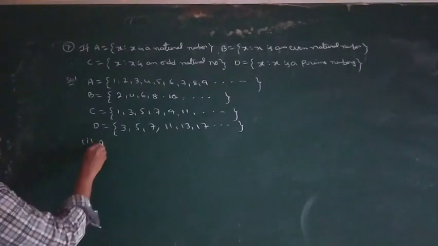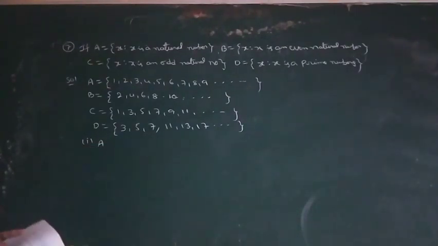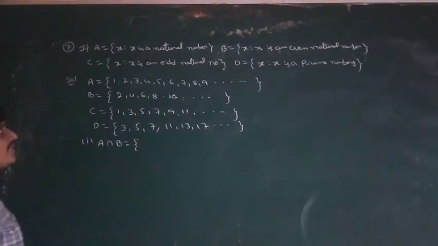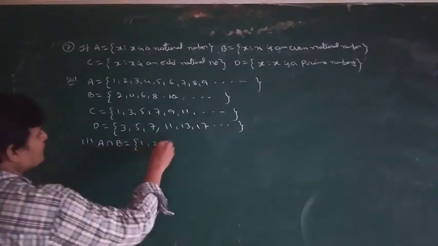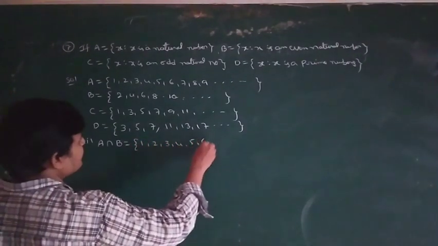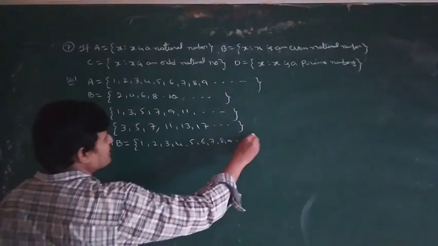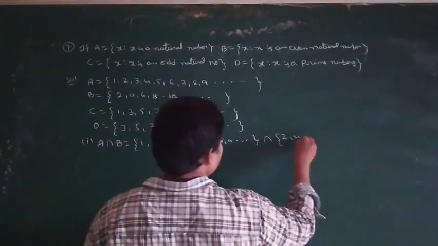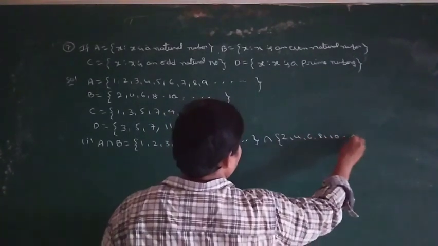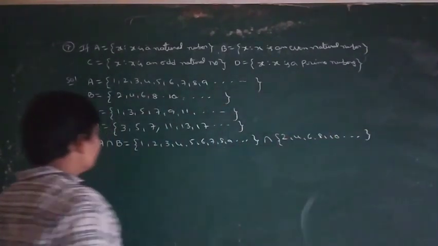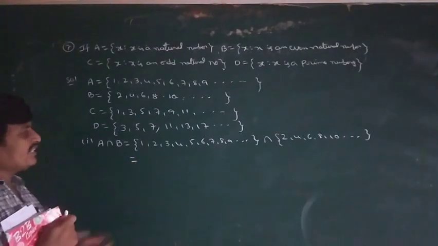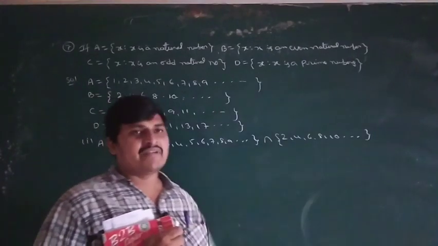What is the first one? A intersection B. What is A? 1, 2, 3, 4, 5, 6, 7, 8, 9 and so on. B is equal to even natural numbers: 2, 4, 6, 8, 10 and so on. Now what is A intersection B? A is natural numbers, B is even natural numbers.